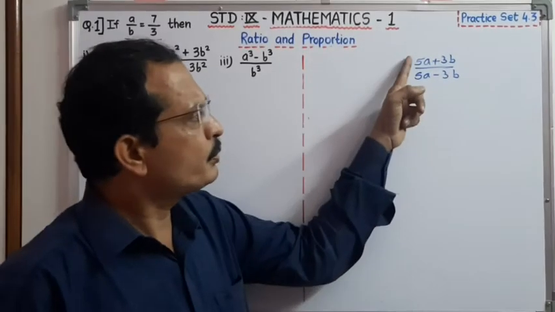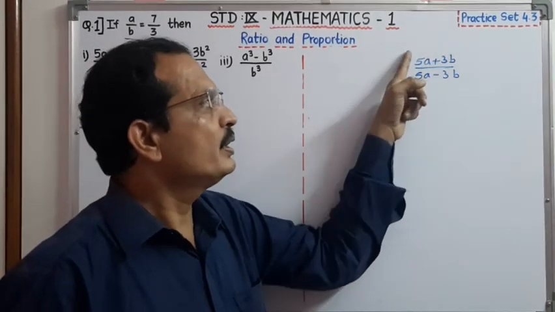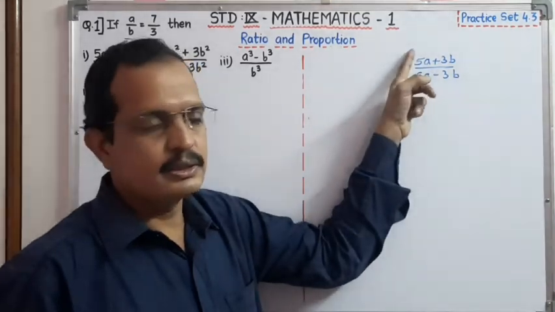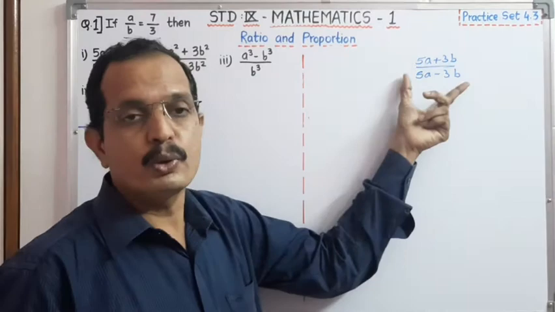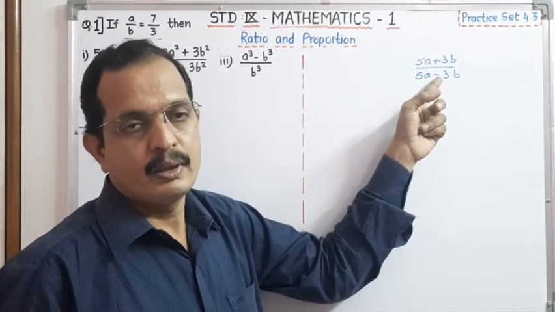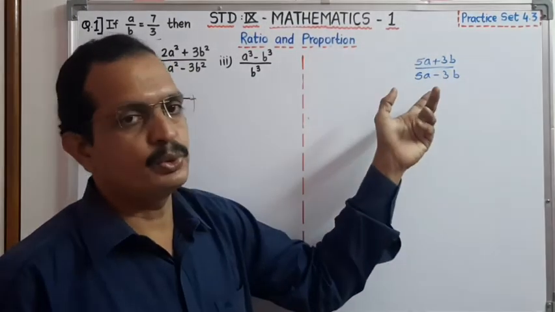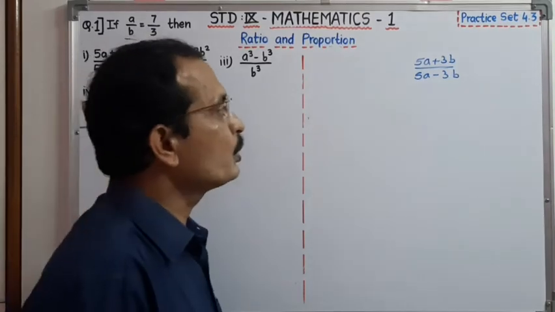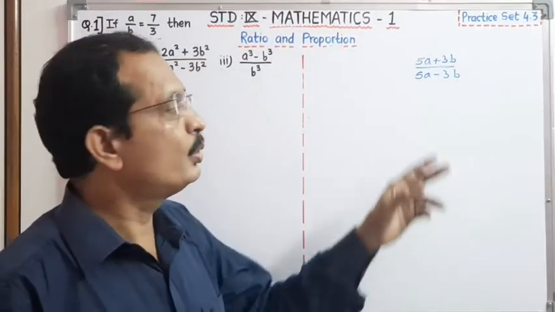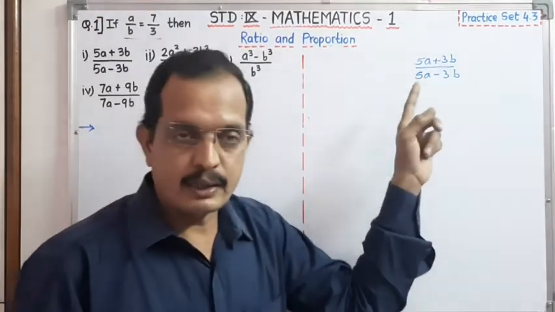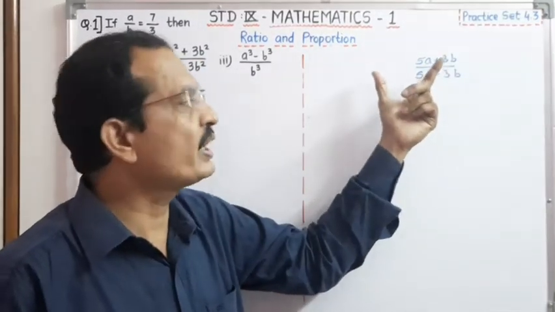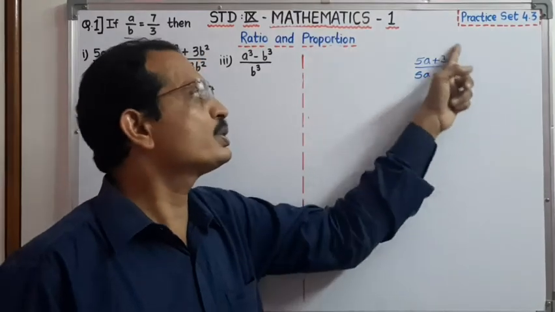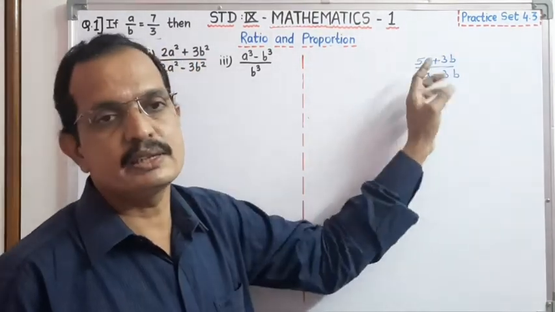Dear student, if we observe this, we get this by componendo-dividendo. But on which ratio do we do componendo and dividendo to get this? That means, to find out the value of this, first of all we have to find out which operation is applied.